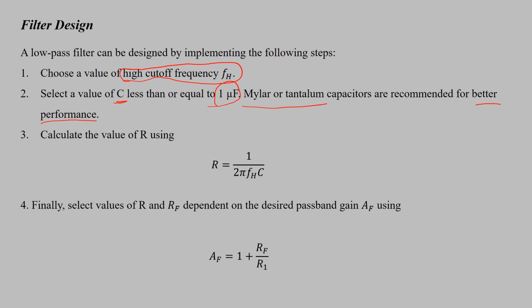Then we calculate R using the simple formula we already know, R is equal to 1 over 2 pi FH C. Once this is calculated, then we select R1 and RF depending on the desired passband gain AF, where AF we know is equal to 1 plus RF by R1.